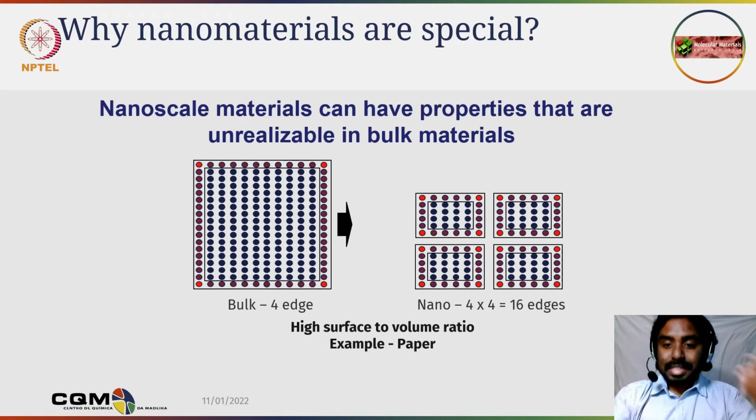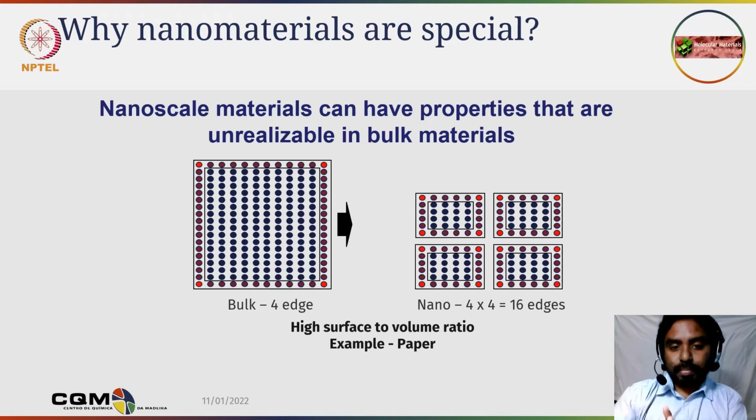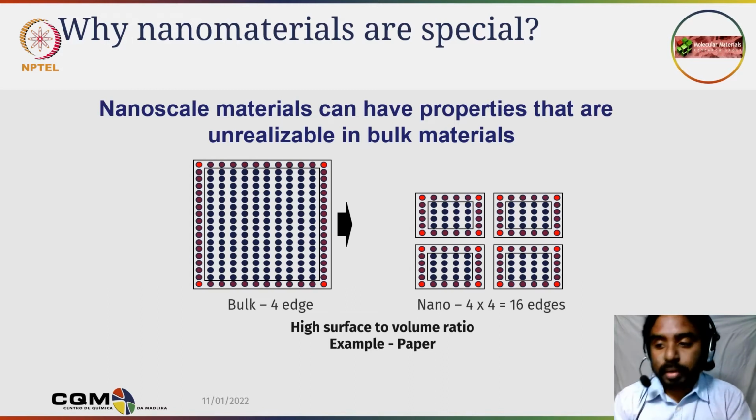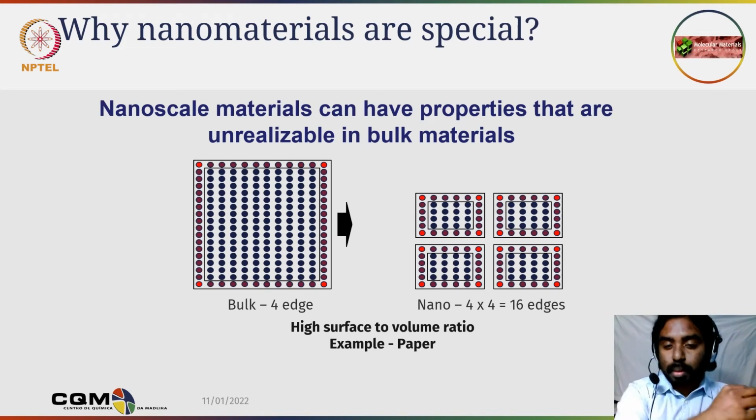So this is what is happening in nanomaterials. When you reduce the size, their surface is more, right? You have more surface with the given volume. That's why nanomaterials have enhanced properties. That's why I said your bulk or microparticle properties have to differ when you change them into nanoparticles.